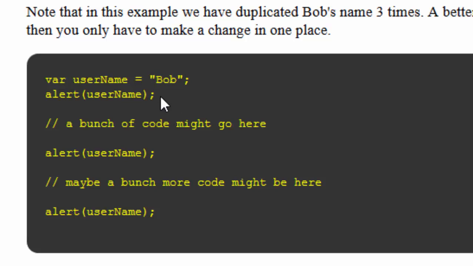So look at what these alerts are doing. They're not alerting out the value Bob, they're alerting out the variable username. And username is a placeholder. At the moment it's a placeholder for Bob, but if we wanted to change all those alerts, we could just change them in one place right here. So that's one very important aspect of variables.